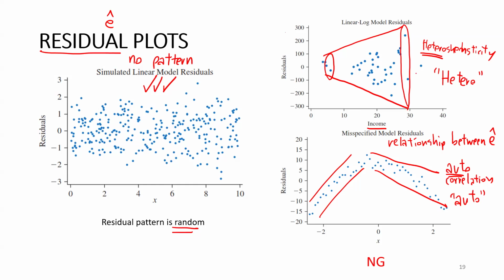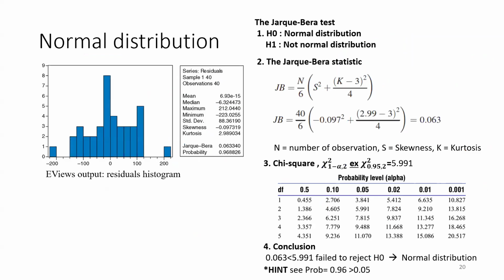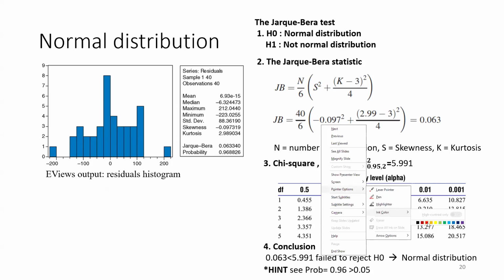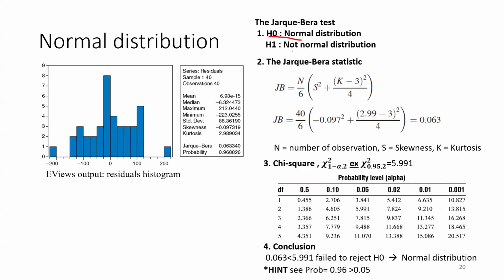Okay, so this is heteroskedasticity, this is autocorrelation, and moreover, most modelers are serious about whether your error has a normal distribution or not. So they use the Jarque-Bera test by setting H0 to be normal versus H1 not normal.